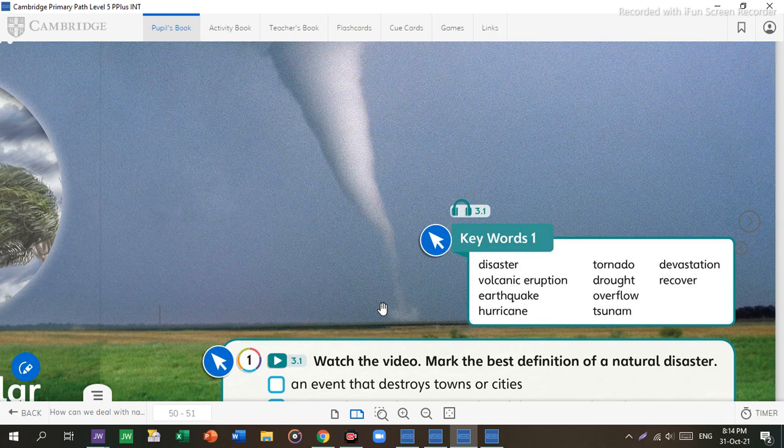So in this unit, all of the keywords are talking about the disasters, the natural disasters. If you want to see the list, it's at the front of your book. It's in the page list for each unit. There will be some keywords in there, and it's already included for all of the keywords.